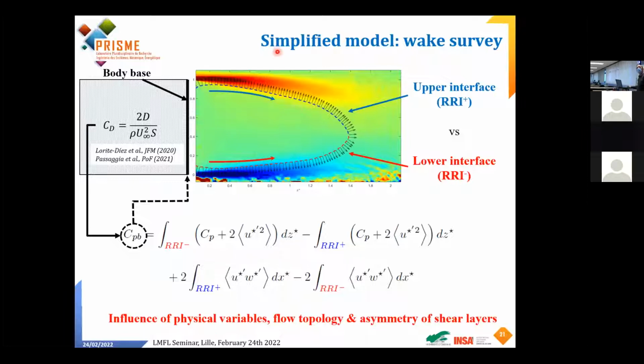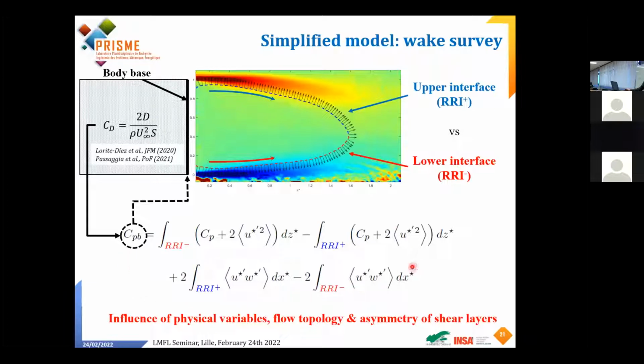Also, if I'm putting turbulence into my system, in the external part of the flow, the turbulence I will have on the upper part will surely not be the same as the turbulence I will have on the lower part. So doing this, I will try to see the asymmetry of the shear layers.